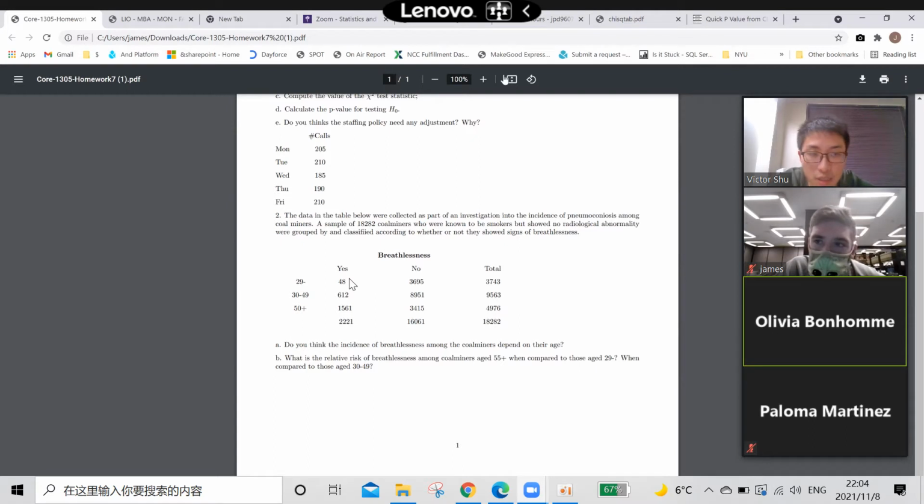Because of independence, the probability of A intersection B is just the probability of A multiplied by the probability of B. So you have your expected number.